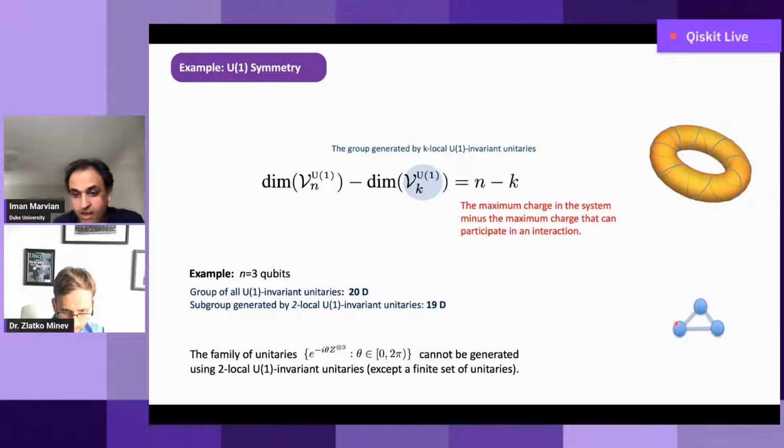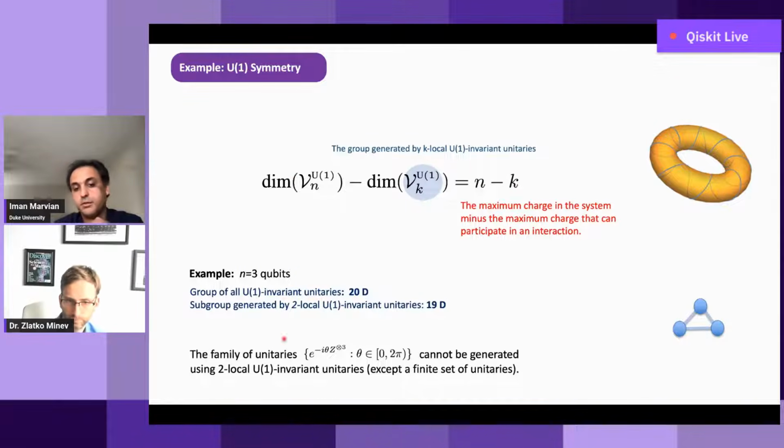Now let's look at the example that I discussed before, 3 qubits. This 3 qubit example is about 8 by 8 matrices, but even in this example, it's non-trivial. It turns out that the group of all U1 invariant unitaries is 20-dimensional, but the subgroup generated by 2-local U1 invariant unitaries is 19-dimensional. So here you have 20 minus 19 is equal to 3 minus 2.